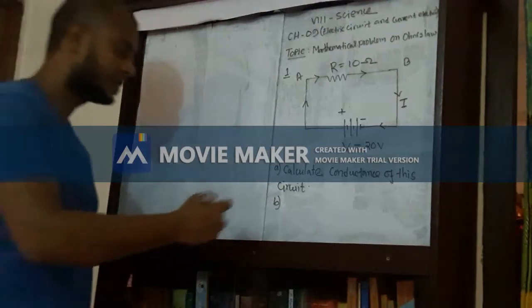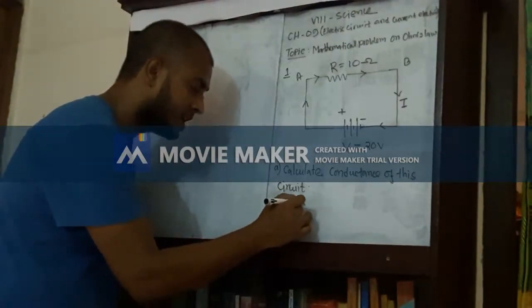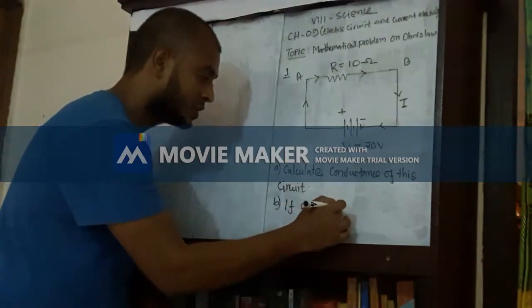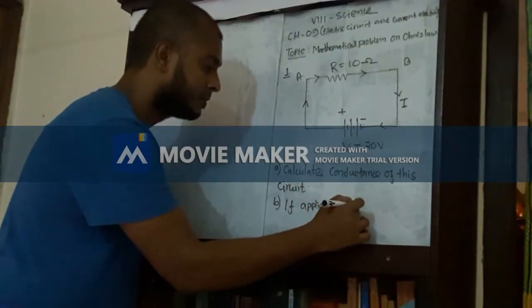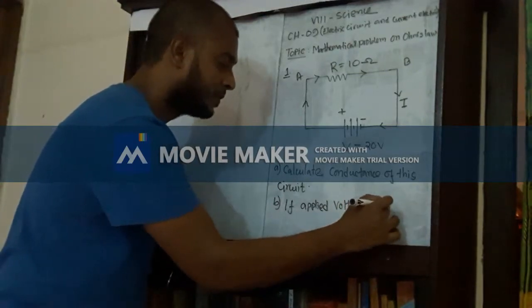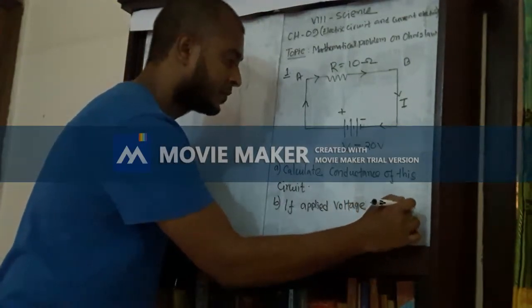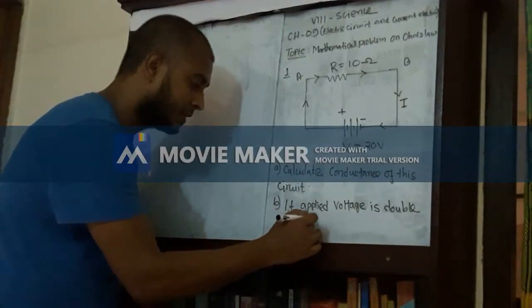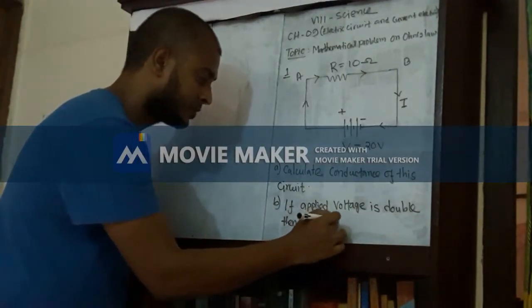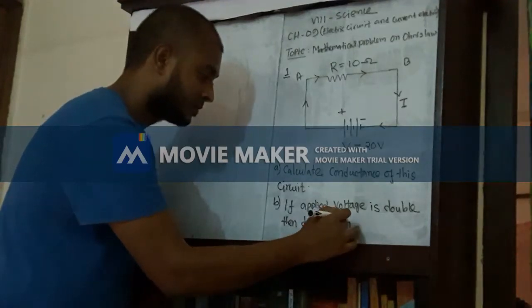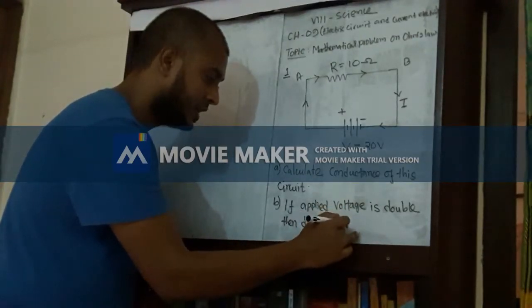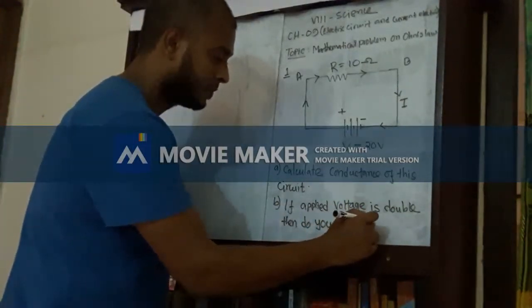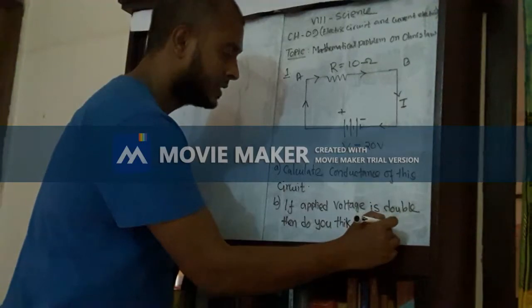That is, if applied voltage is double, then do you think current is double?